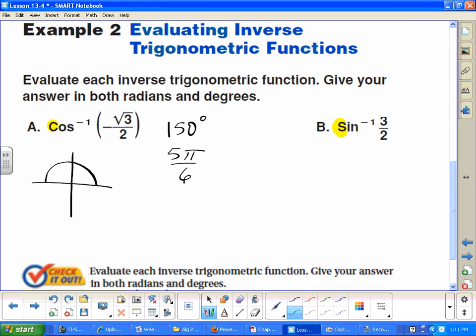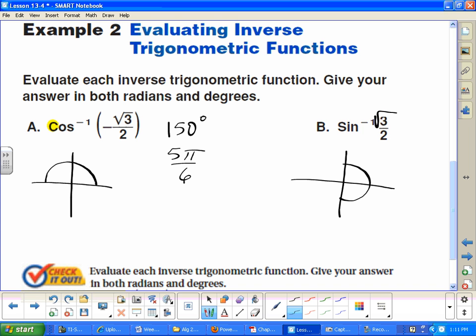Now I'm going to take good old letter B and come back to it for a second. I'm going to change it for a moment and put a radical there, so it's inverse sine of square root of 3 over 2. For sine, we use the fourth quadrant and the first quadrant.